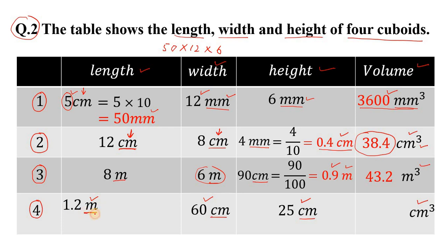So we convert meter into centimeter. When we convert meter into centimeter, we multiply by 100. 1.2 multiplied by 100, we get 120 centimeter. So multiply all values: 120 multiplied by 60 multiplied by 25, we get 180000. This is our final answer.